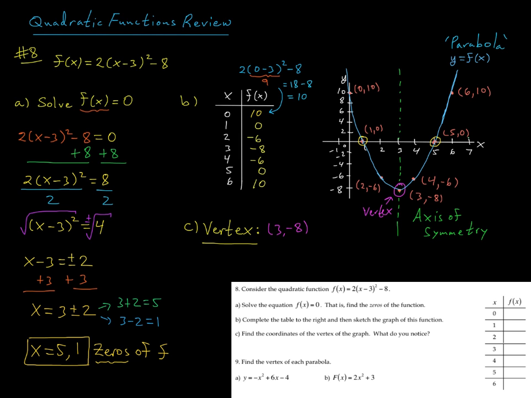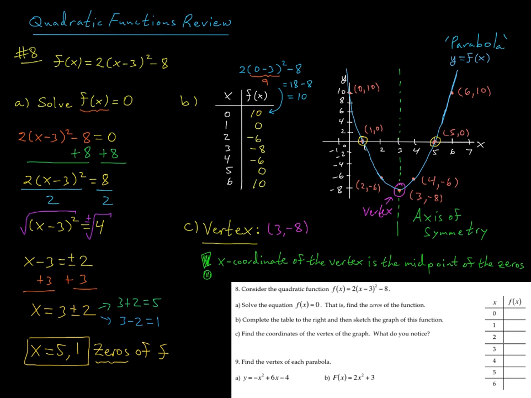Looking at the zeros and the vertex, I can see the x-coordinate of the vertex, which is 3, is right smack dab in the middle of the zeros. Put another way, it's the midpoint of the zeros.